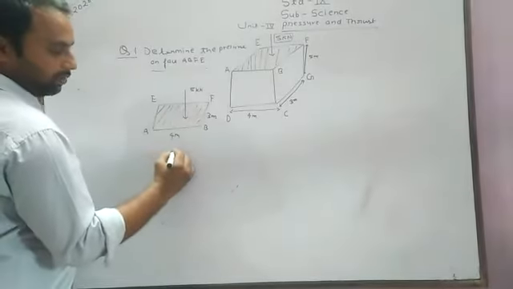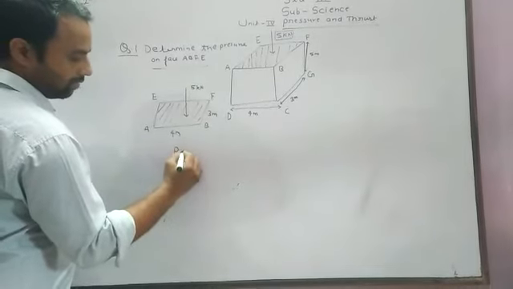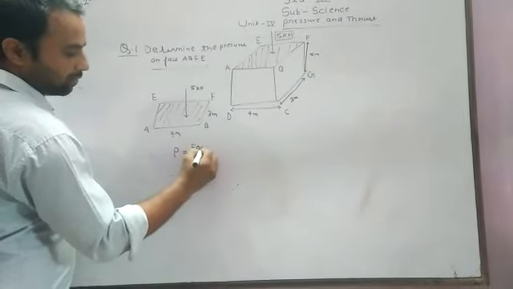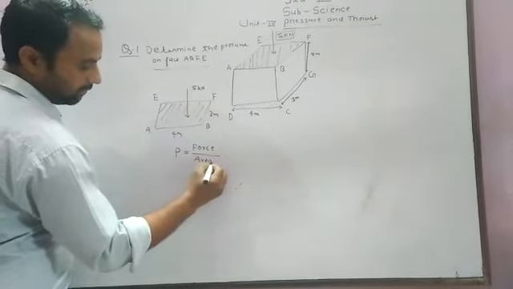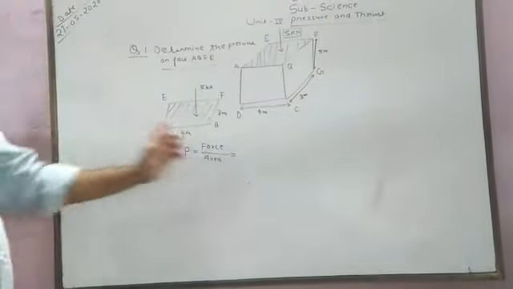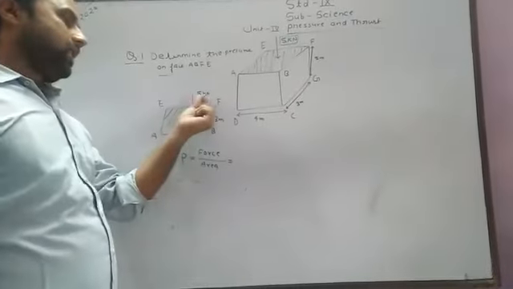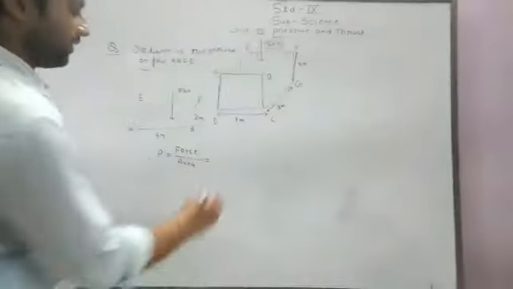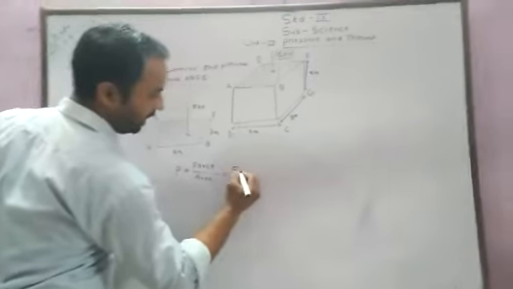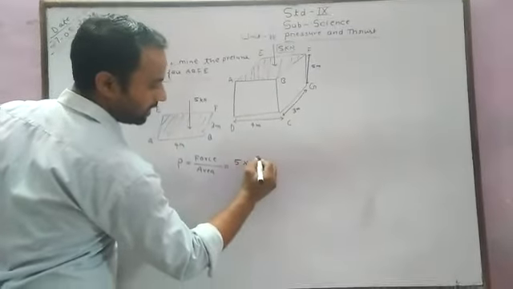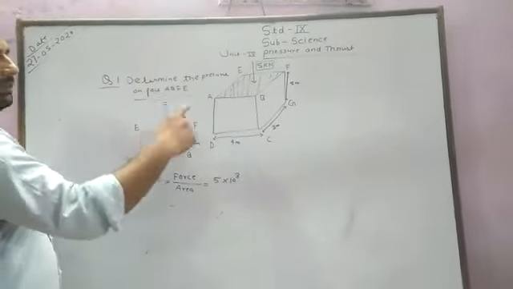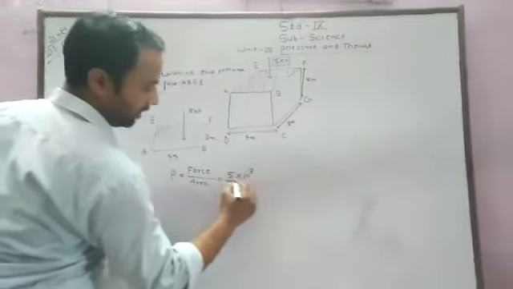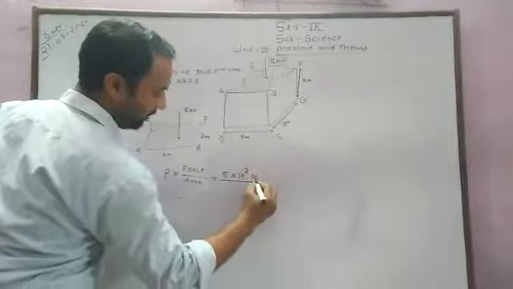We generally know the formula for the pressure is equal to force upon area. What is the value of force? Here the force is given, 5 kilonewton. 5 kilo means 5 into 10 to the power 3, since K means 10 to the power 3. 5 kilonewton divided by area.